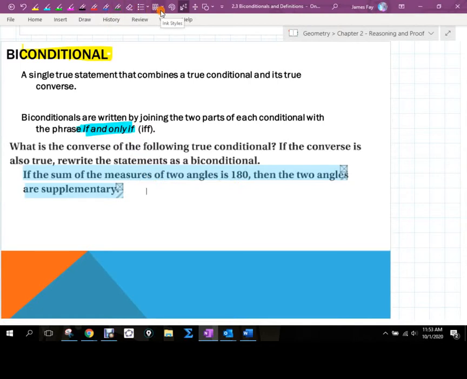Okay. That is a fact that we talked about a couple days ago. Can't spell true. All right. So that is true. So then it wants us to write the converse of it. Do you remember how we construct the converse?